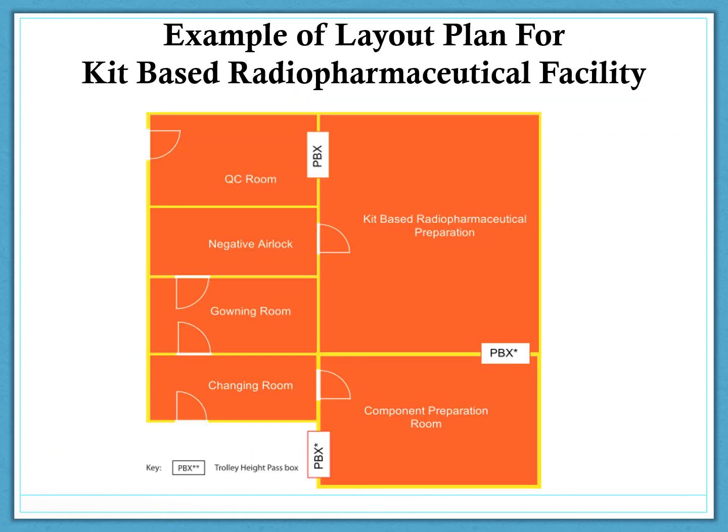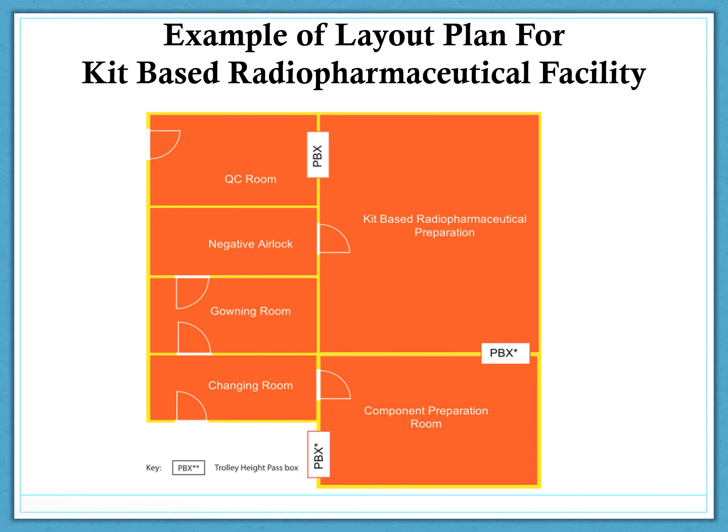And if you can see here, this is an example of a layout plan for the kit-based radiopharmaceutical facility, where we have this changing room where we come from outside of the area. We go into the changing room, followed by the gowning room, and then we've got this negative airlock. And this negative airlock then allows us to go to the kit-based radiopharmaceutical preparation.